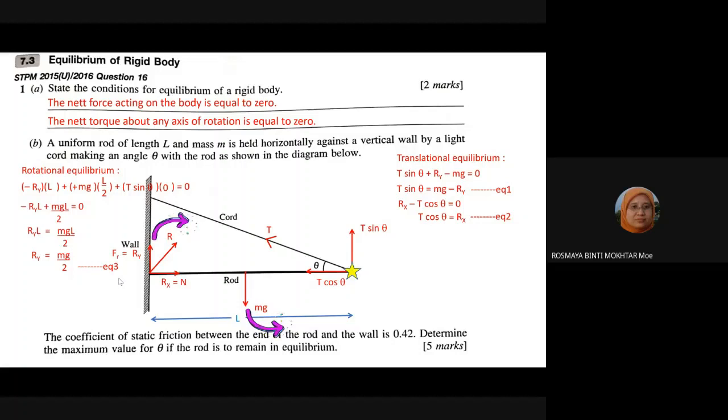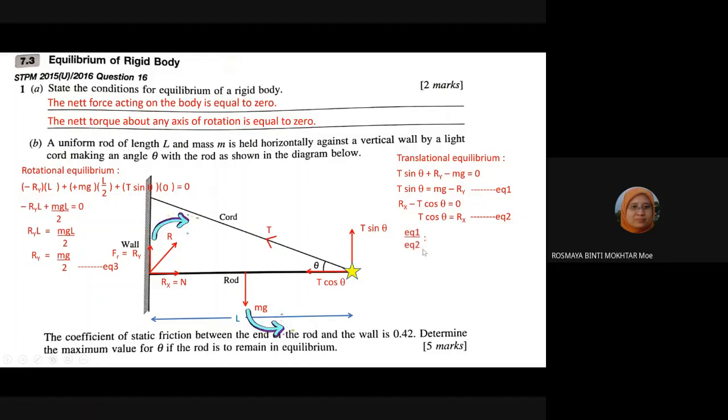Then the third step, we use simultaneous equations to solve for theta. To solve for theta, we use simultaneous equations for these 3 equations. Because we have sine theta and cos theta, we can combine them to become tangent by using a ratio.